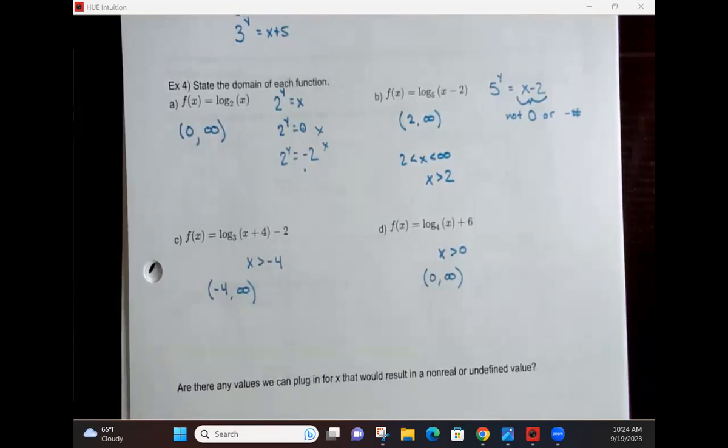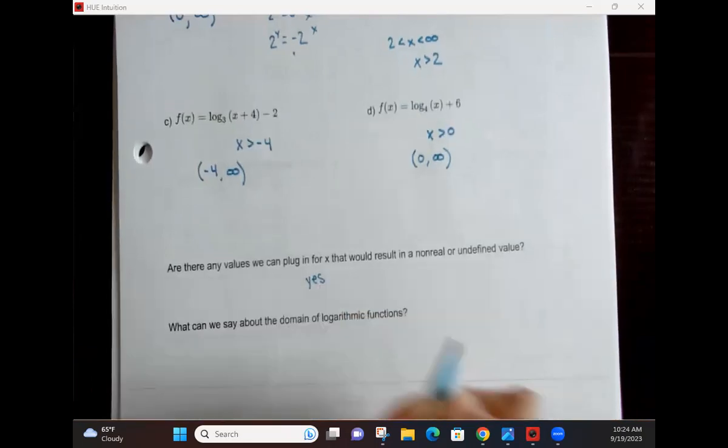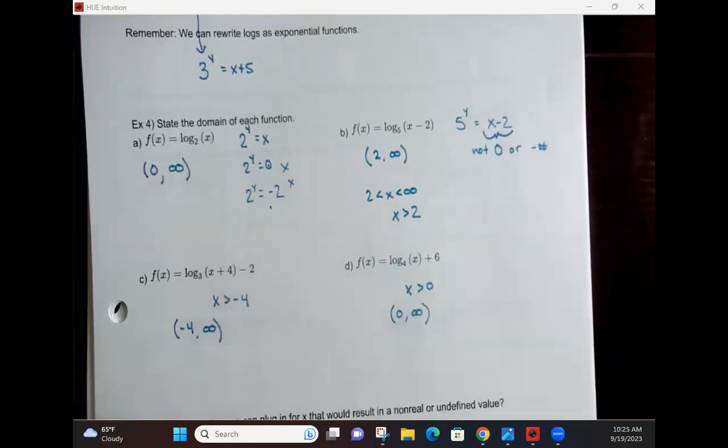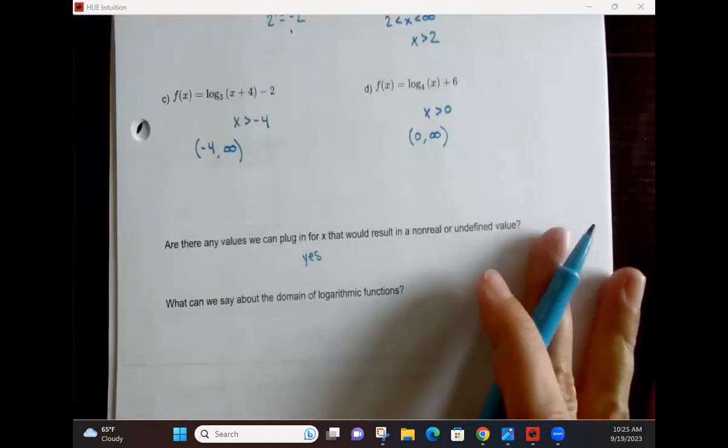So are there x values that could make the domain of a log undefined? Yes. Can I come up with one statement that applies to all logs? Like the domain of all logs is 0 to infinity? No, right? Because we saw places where 0 cannot be included in the domain. Actually, saw lots of places where 0 cannot be included in the domain.